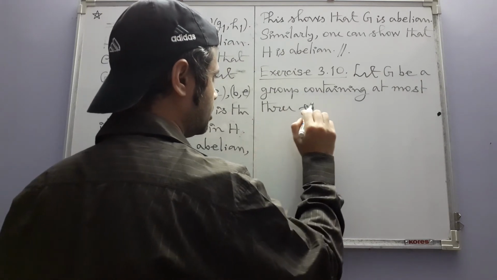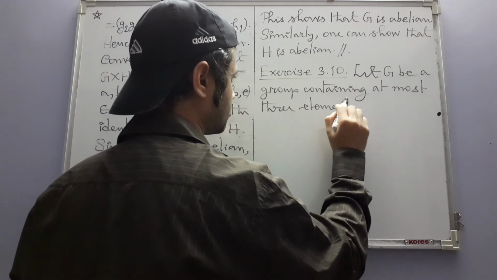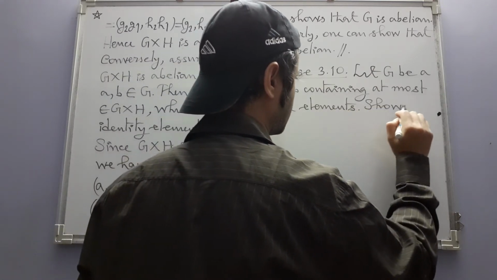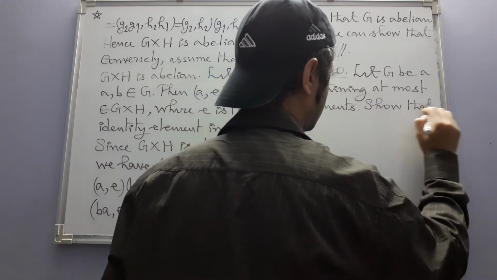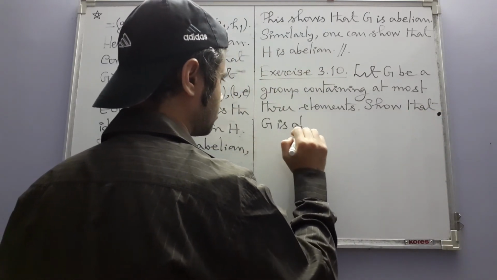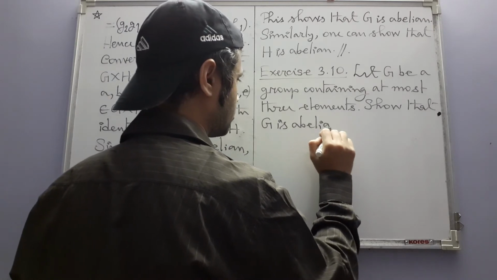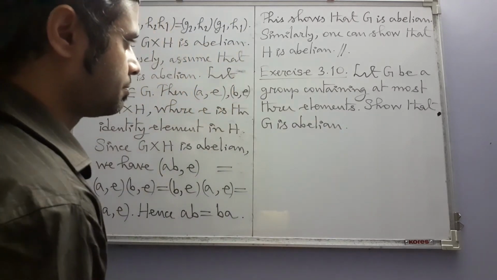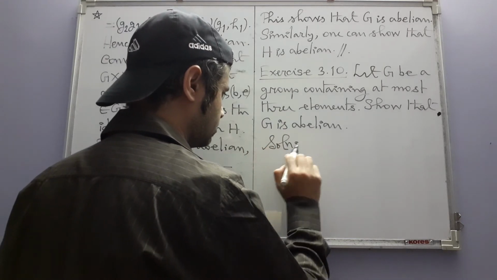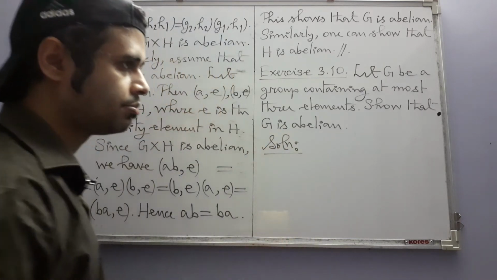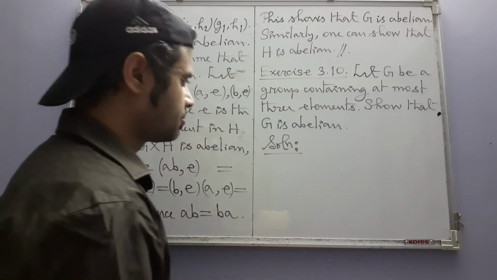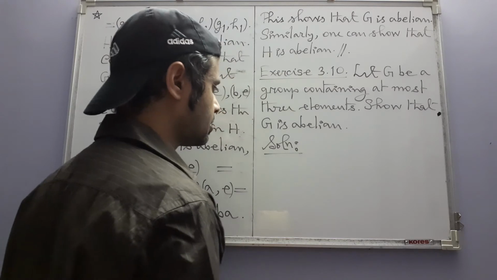At most 3 elements. Show that G is abelian. So that means G can have either exactly 1 element or 2 elements or 3 elements. So we will look at these 3 cases separately.